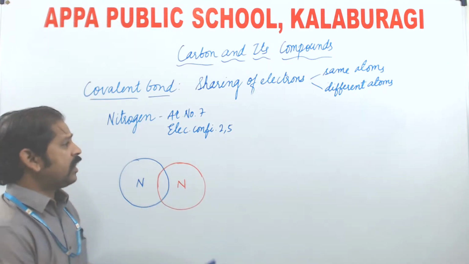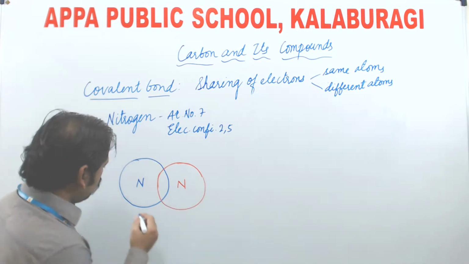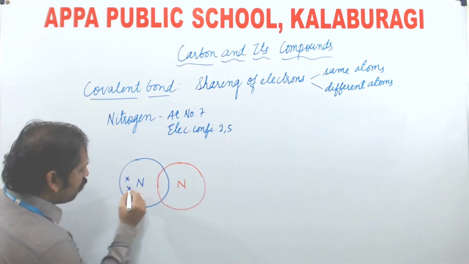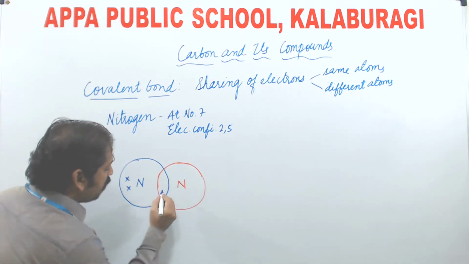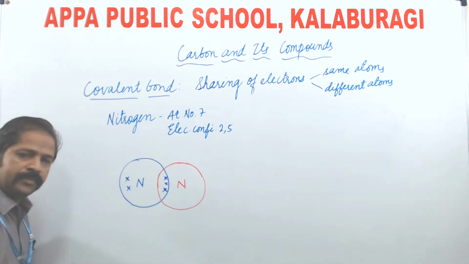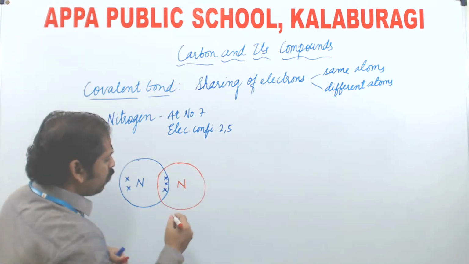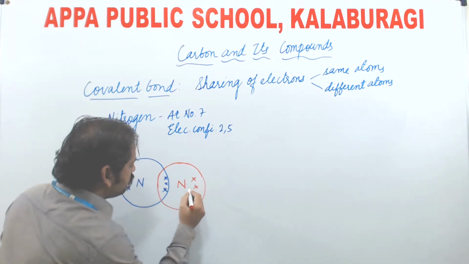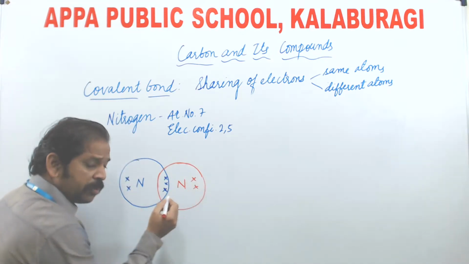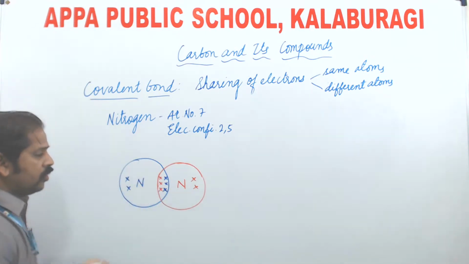I told that we are having 5 electrons in the outermost orbit. For this nitrogen, 2 electrons are already paired, 3 are unpaired. About this nitrogen also, 2 electrons are paired, and 3 are unpaired.